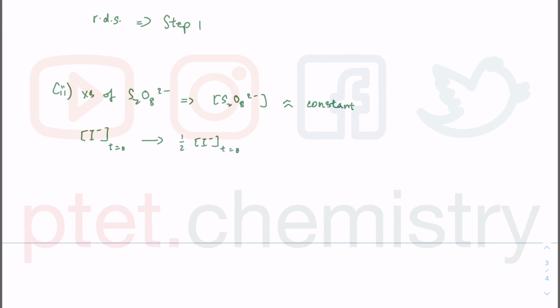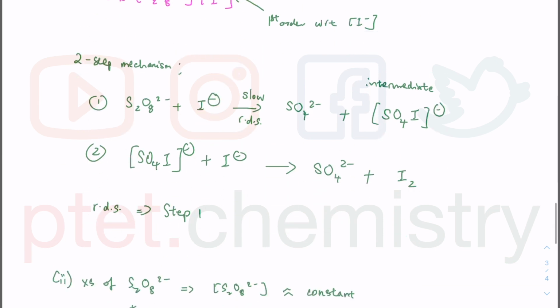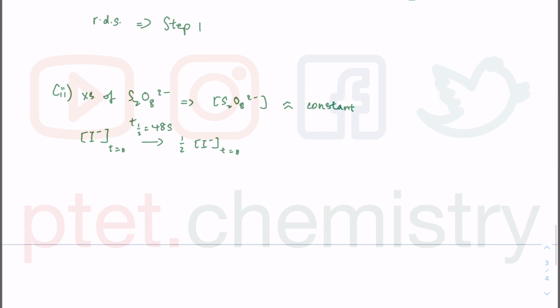When you halve the initial concentration, the time taken for it, which is the half-life, is 48 seconds. And we know it's first order with respect to I⁻. When this is in large excess, your rate is roughly equal to the rate constant times this. So it's first order with respect to I⁻.